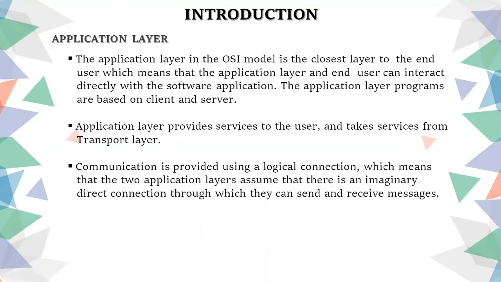The application layer provides service to the user and takes service from the transport layer. The communication is provided using a logical connection, which means that the two application layers assume that there is an imaginary direct connection through which they can send and receive messages.